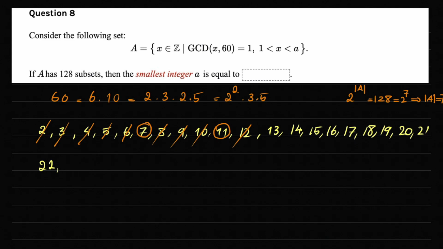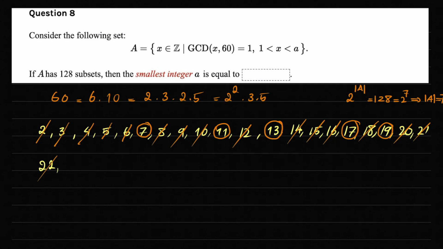So 13 is also acceptable. So far 3 elements. 14 is not acceptable. 15 not. 16 not. 17 is acceptable. So far 4. 18 is not acceptable. 19 is. 21 is not acceptable. 20 is not acceptable. 22 is not acceptable.